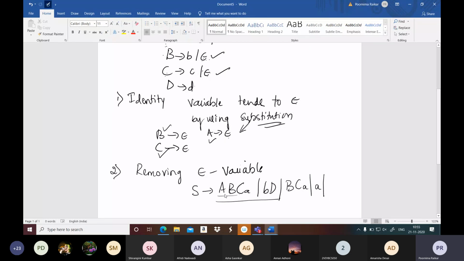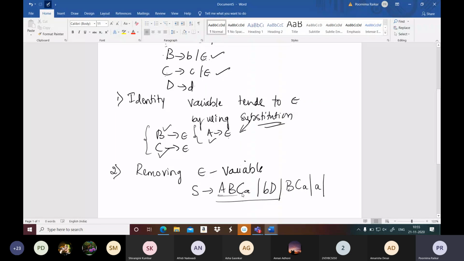Next, you have to do this simultaneously. How will we be doing it? You know all these variables tend to epsilon. So how to substitute it? You have to make some additional rules. That is, you are eliminating nullable variables by adding some new rules by substituting epsilon. See, I substituted A with epsilon the first time, I got BCA.